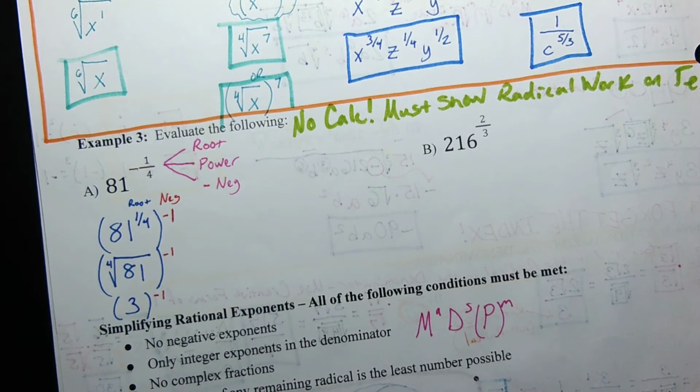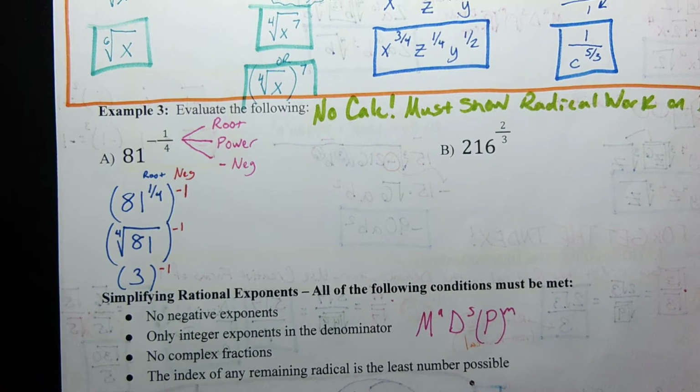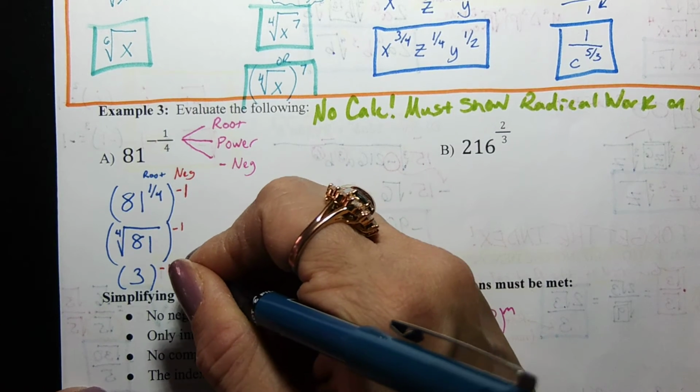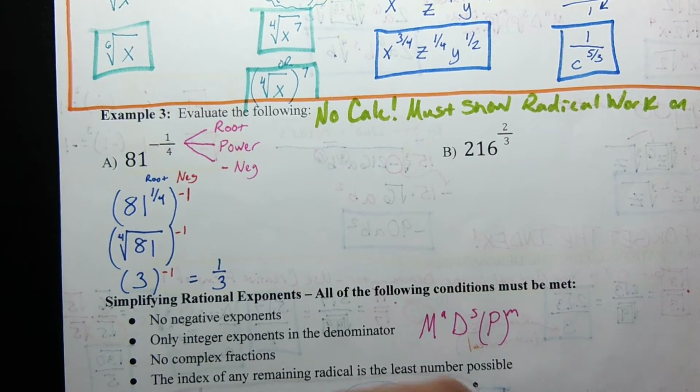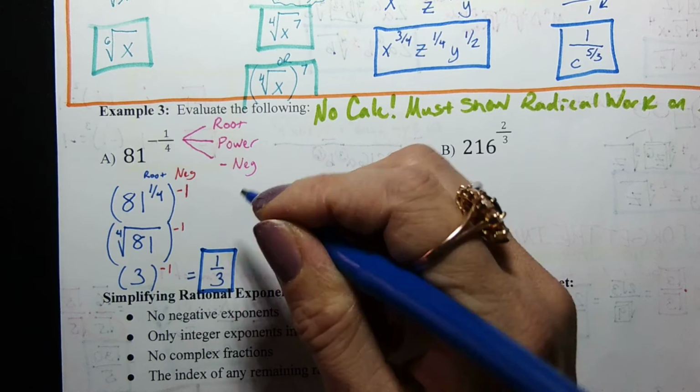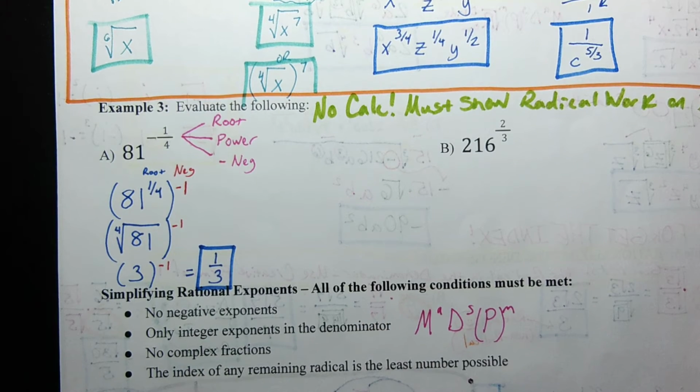My last step is to evaluate that negative exponent. How do I take 3 to the negative 1 and send it to the downstairs? What would we get? 1/3. Wow, and we did it without our calculator.